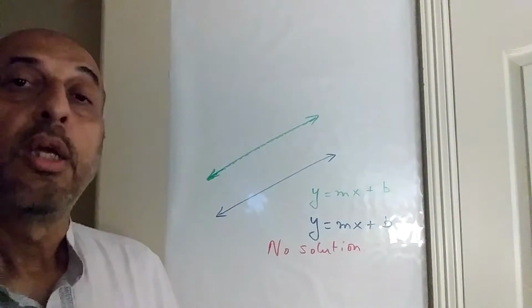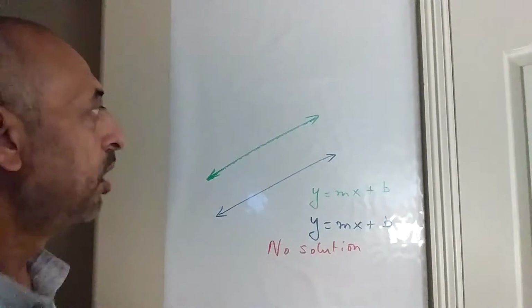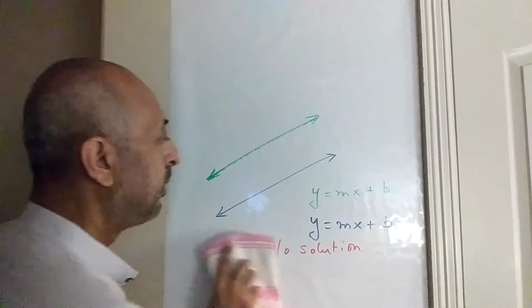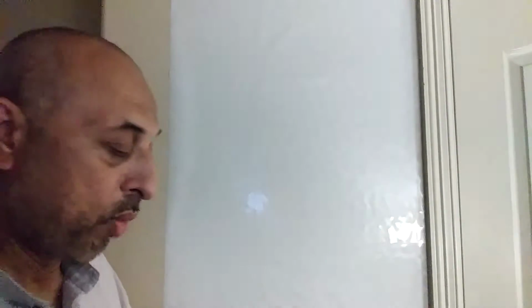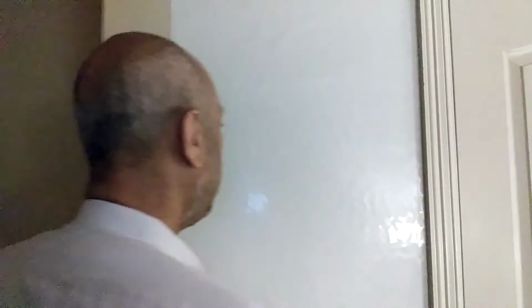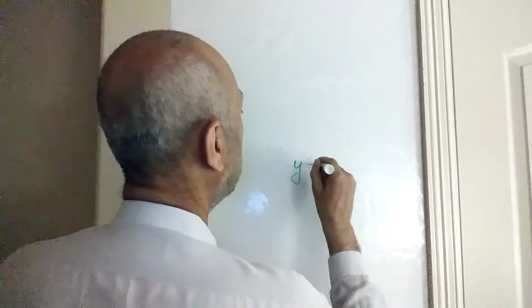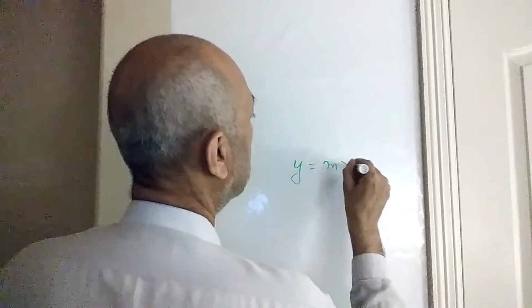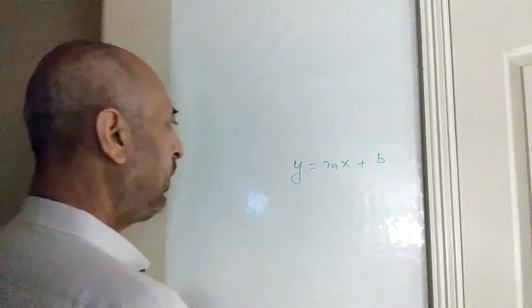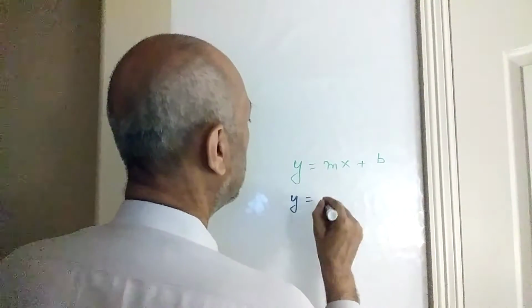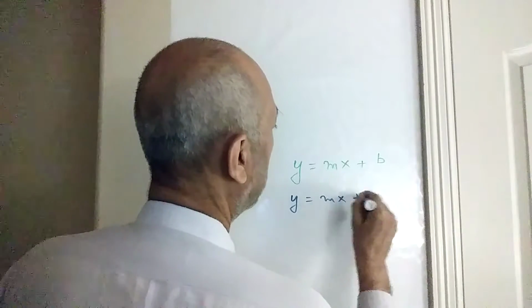This will be the situation when there will be no solution. The third and final situation is when the lines have the same slope and also the same y-intercept. That is when y is equal to mx plus b, and the other one is y is equal to mx plus b.